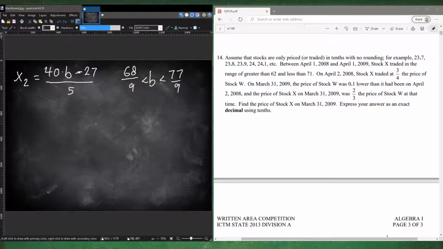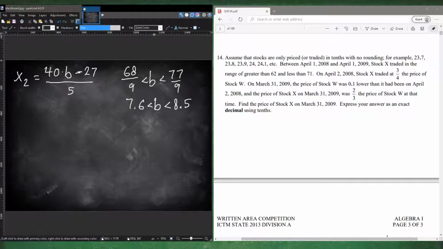So we have 68 divided by 9. And that is 7.5, well, 7.6 because it's 7.5 repeating, so 7.6 is the lower bound for b. And then 77 divided by 9, that's 8.5 repeating, so the upper bound is 8.5.